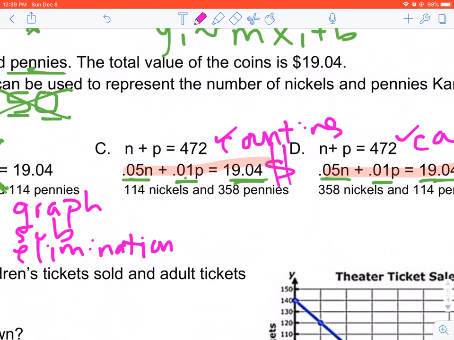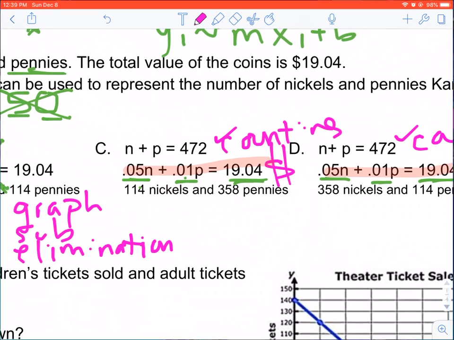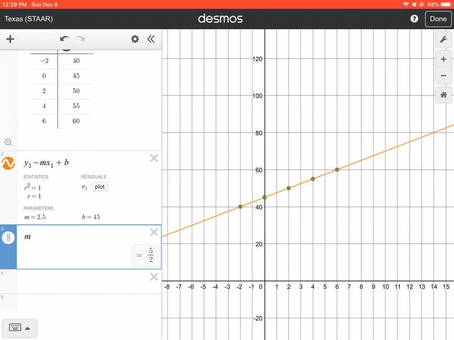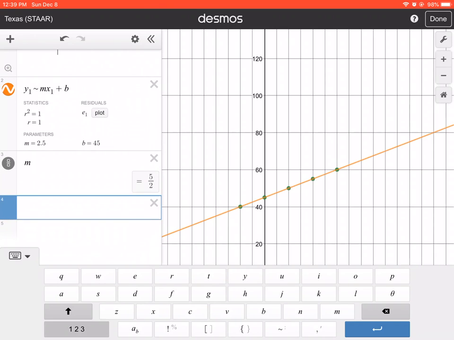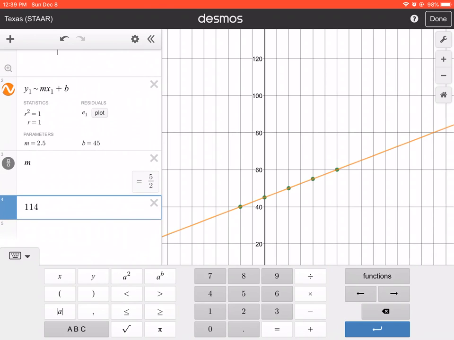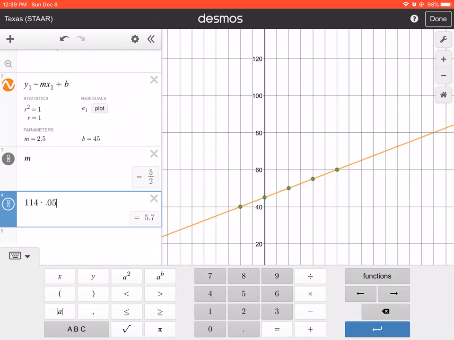So let's start off with choice C. If I've got 114 nickels, you go calculate that. So I'm going to tap a new line, and 114 times 5 cents is going to give me that answer of 570.